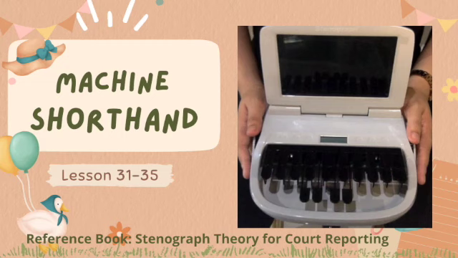There are somehow differences in the strokes because standard real-time theory is conflict-free. In this reference book, Stenograph Theory for Court Reporting, there are tendencies wherein a stroke has one or two words attached to it.